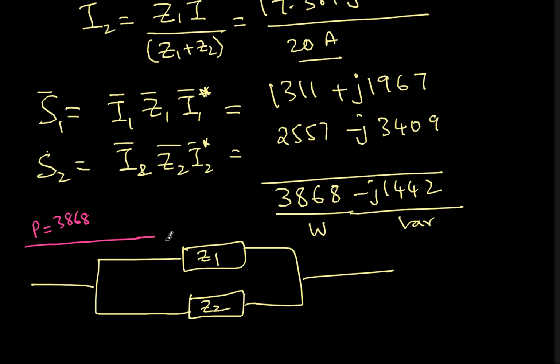Of the total, 1311 is going to the first branch, and 2557 is going to the second branch based on whatever values we got. This is watts, and this is watts. This is the power flow, and this is the supply. From the supply, the 20 amperes current which is coming carries 3868 watts of power, 1311 watts going to this, and 2557 watts going to this.